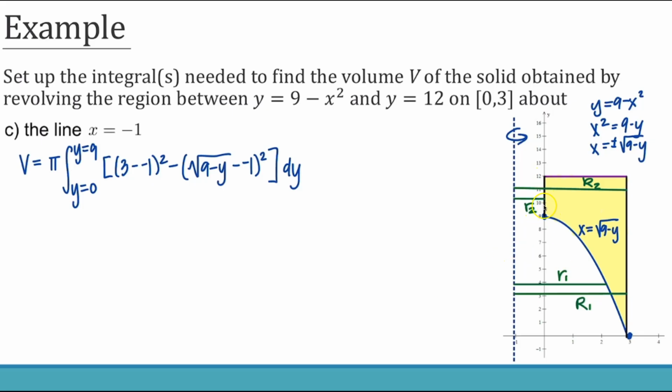But now I have to rotate the portion between 9 and 12. So we're going to say plus pi, the integral from y equals 9 to y equals 12. Same big radius. So we're still going to have 3 minus -1 or 4. So I'm going to put 4 squared minus, this time, this little r2.